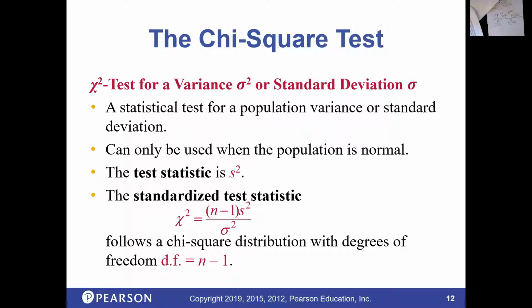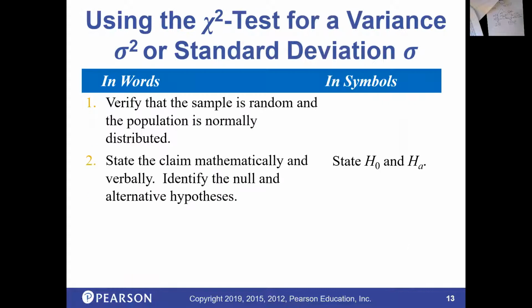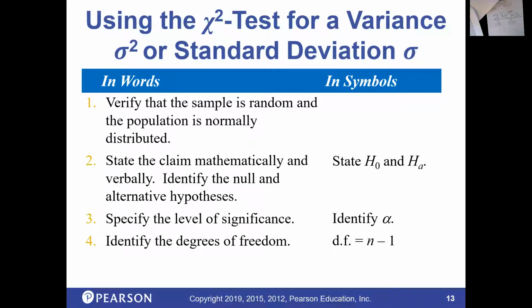Now, as usual, when we're using the critical value method, we're going to compute the test statistic. We'll use this formula and we'll compare it to the critical values to determine if we reject or fail to reject the null hypothesis. So as usual, state the claim and identify the null and alternative hypotheses. The level of significance will be given to you in the problem.